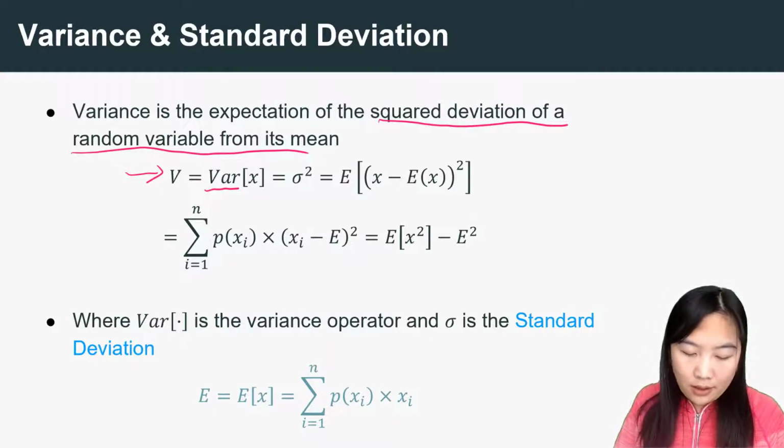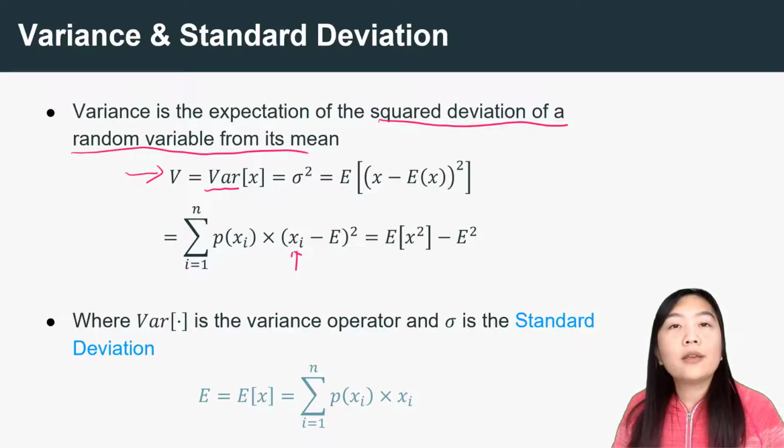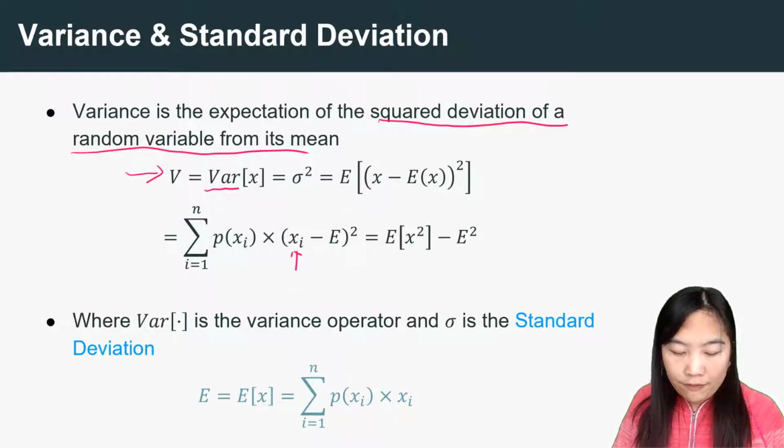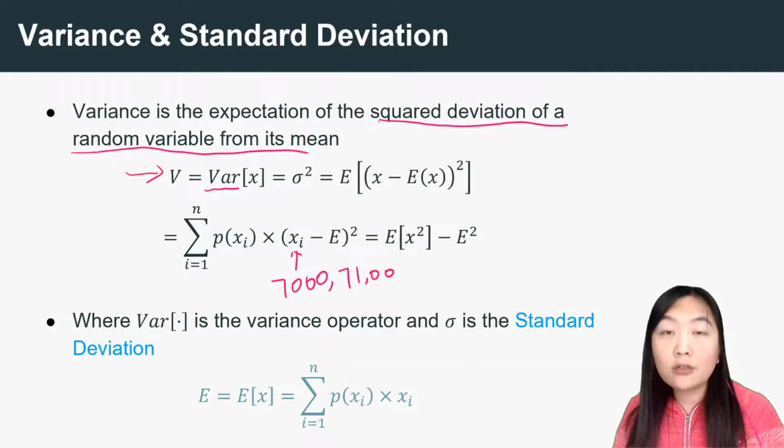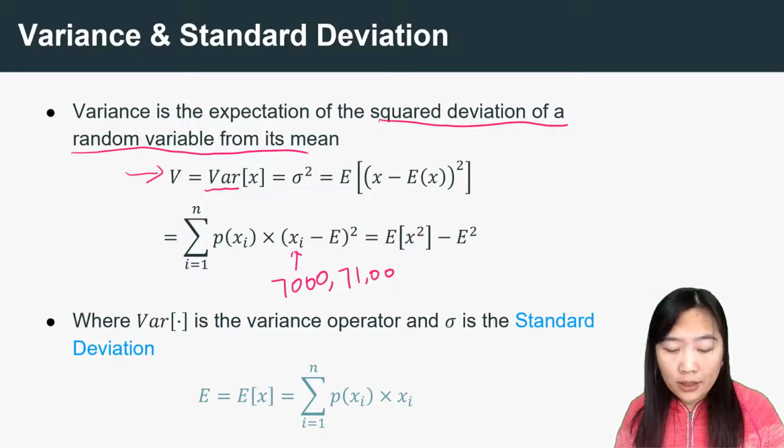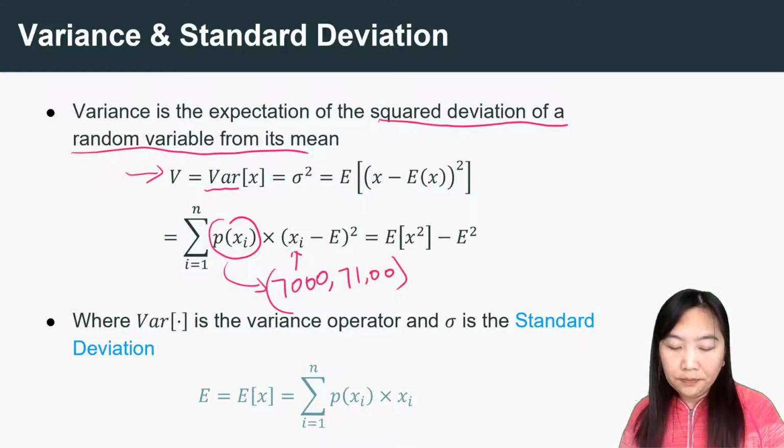You can think of this xi in the milk yield example as, for example, a yield between 7,000 and 7,100, and then there's a probability P(xi) associated with that range.